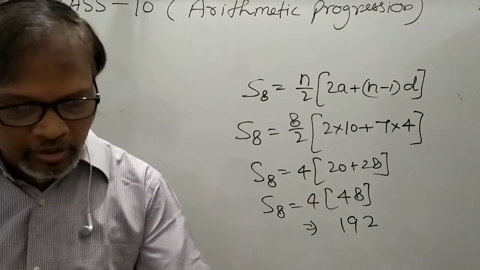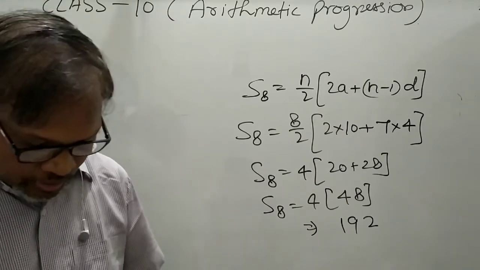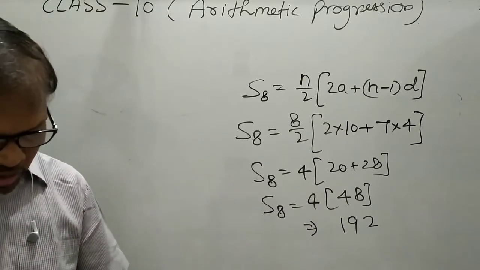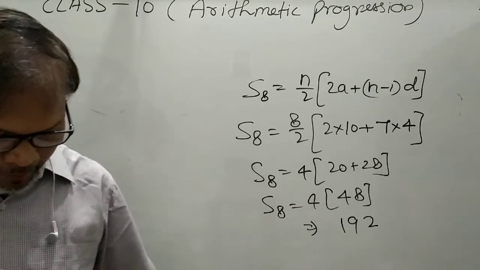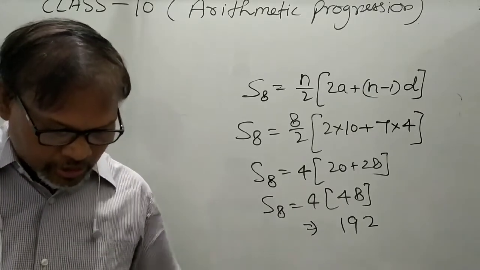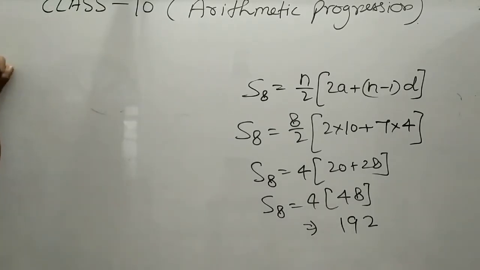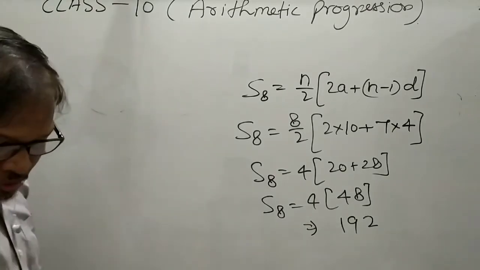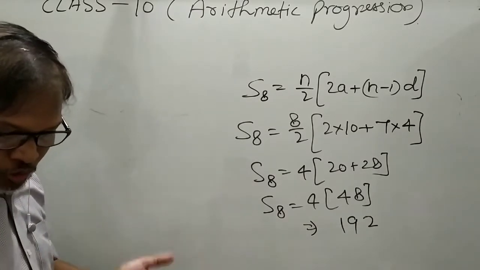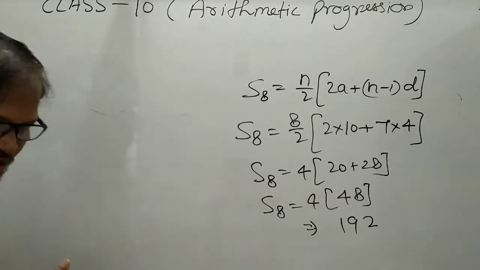Now the next one: how to do the questions if you have the nth term an, like question number 12. A1, A2, A3 you have to show that these terms are in AP, and then find the sum of the first 15 terms.